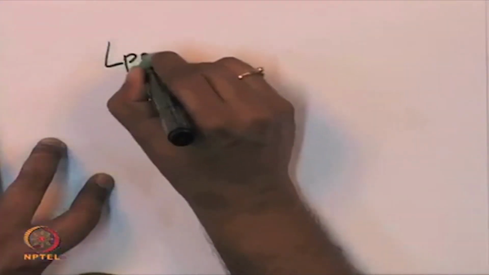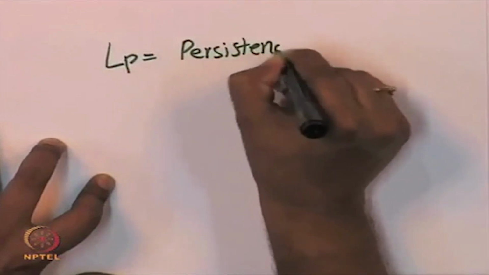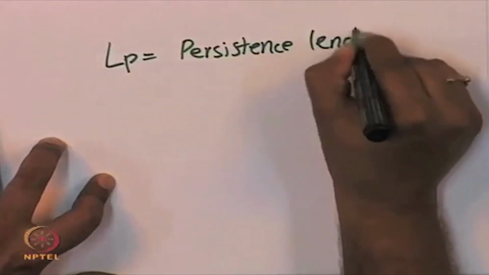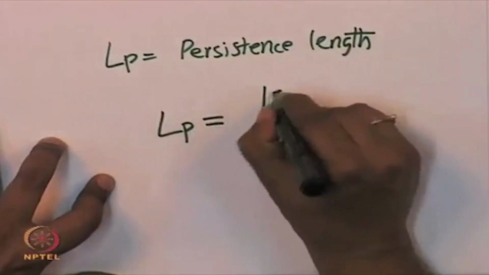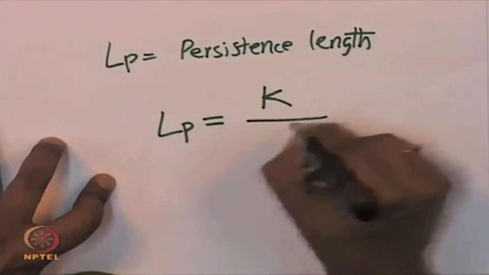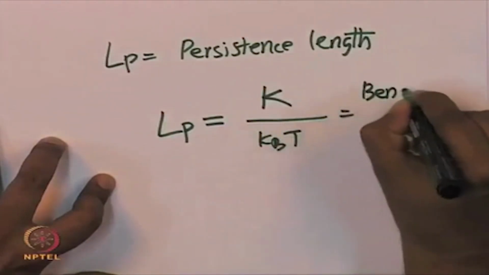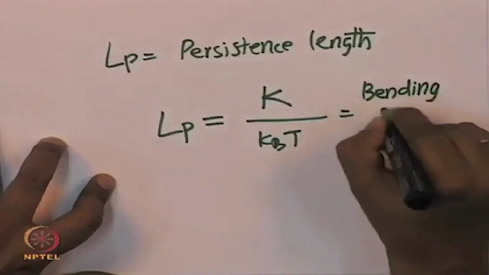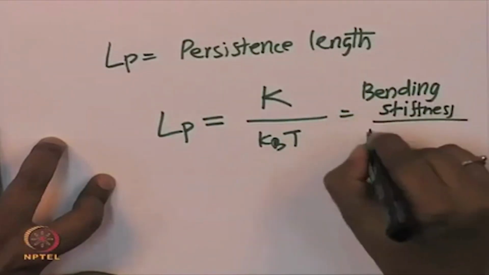So, L p is persistence length, and this tells you how stiff. It turns out to be the bending stiffness divided by kBT. So, this is bending stiffness, how stiff it is to bend, divided by kBT.